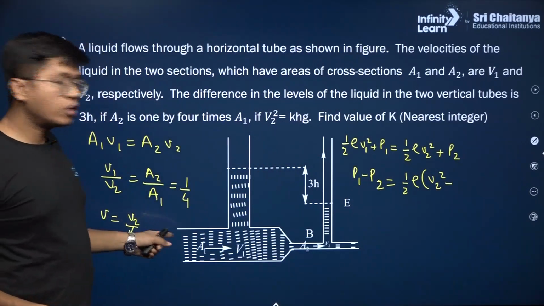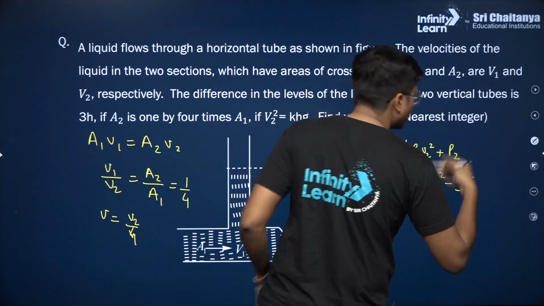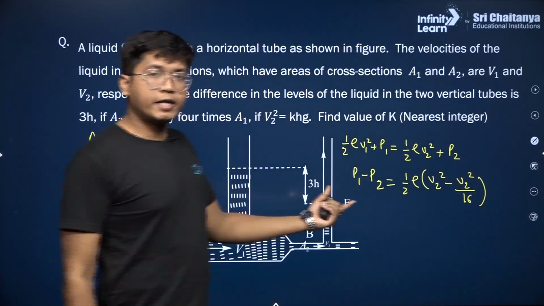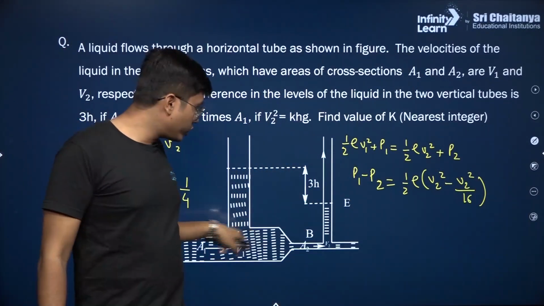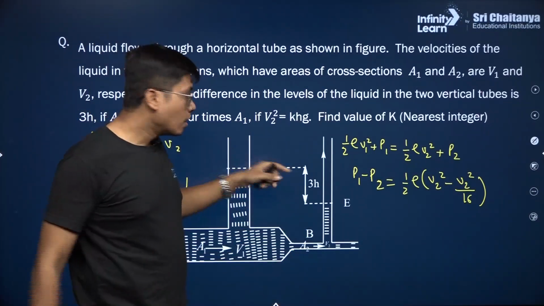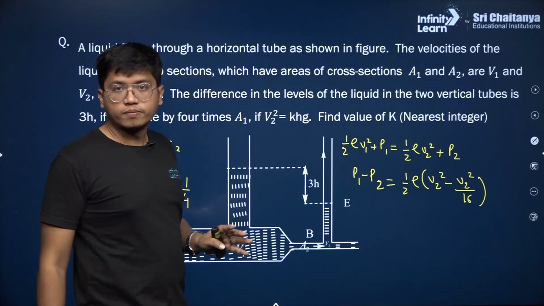V1 is V2 by 4. So we'll put that in there as V2 square by 4 square, that is 16. Now this P1 minus P2 is the difference in pressure between these 2 points, and that is what causes the difference in height here. So this P2 minus P1 is just 3h into rho g.